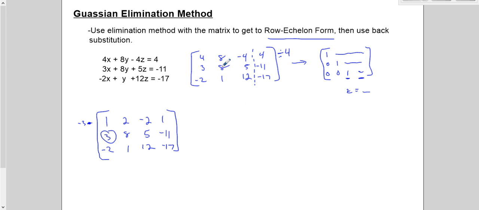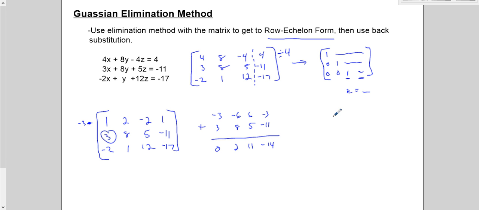Okay, so step 1 was to get a 1 at the top left corner. Step 2 is to zero out the second row, the first number. And if I multiply row 1 by -3, I get -3, -6, +6, -3. I write down my second row here. I'm going to add these together. I get 0, 2, 11, -14.